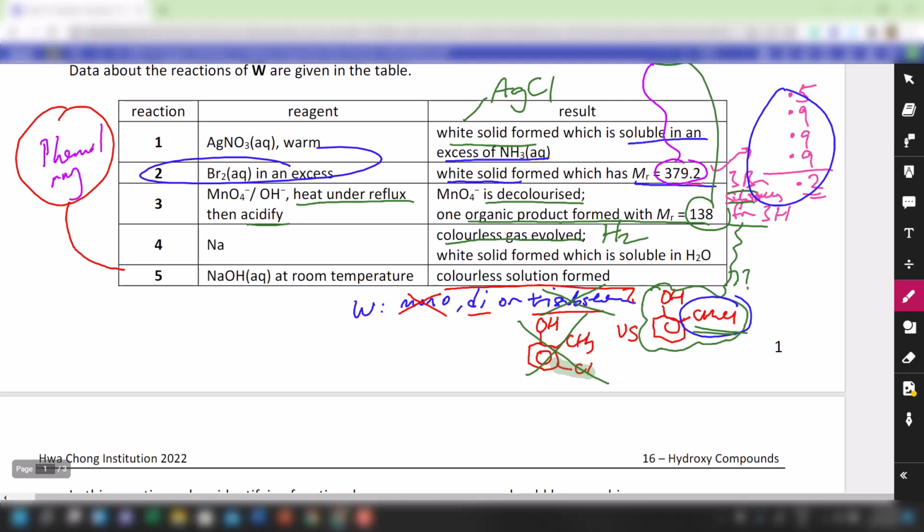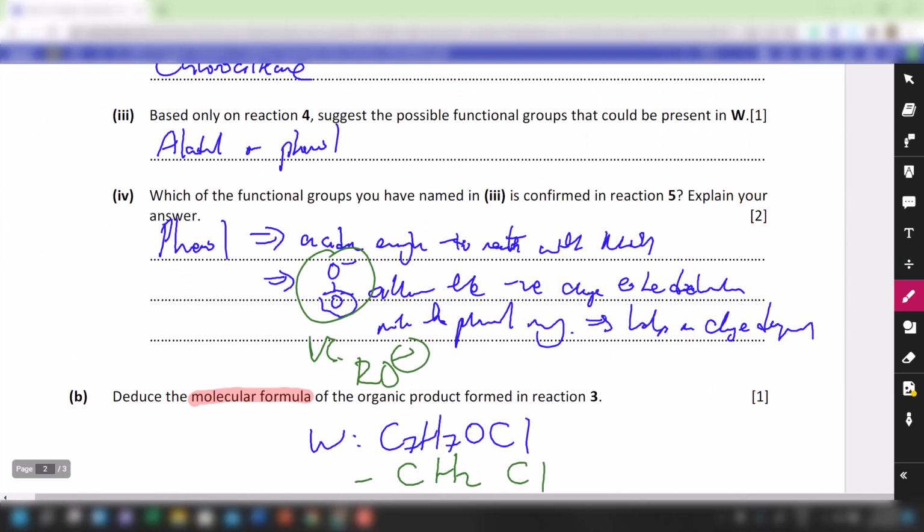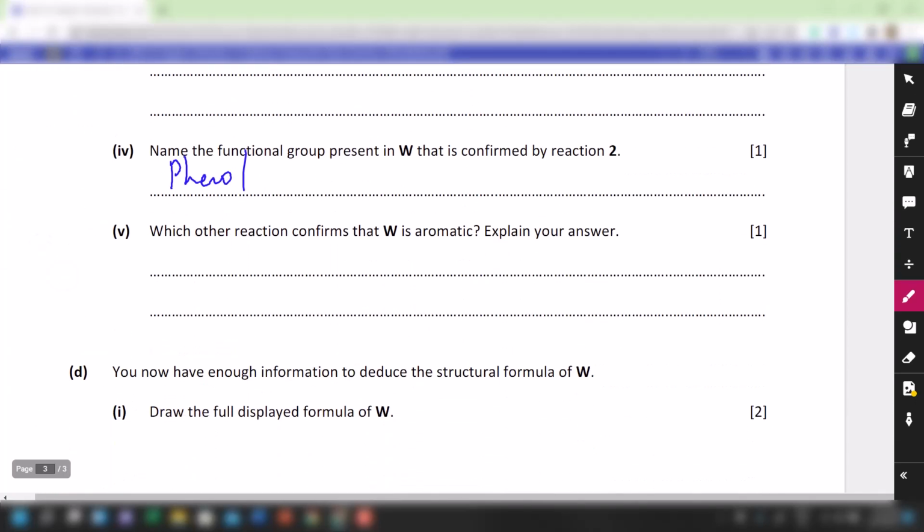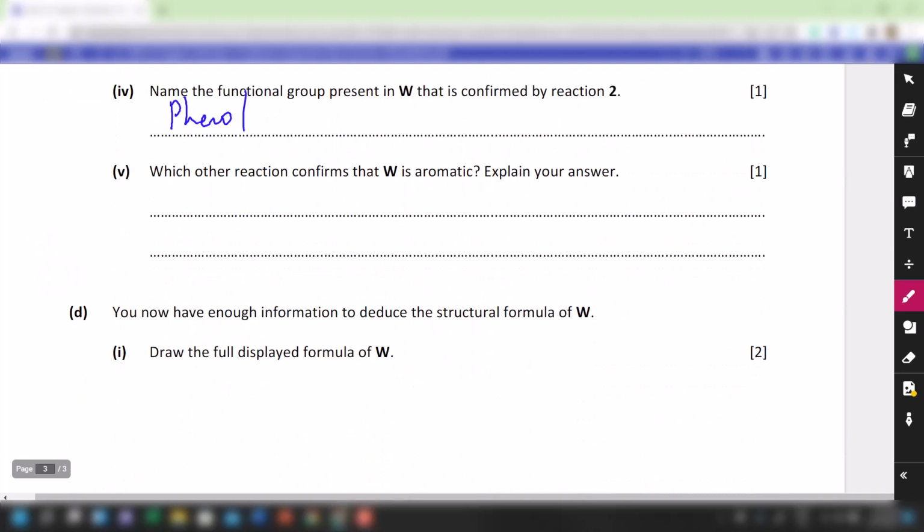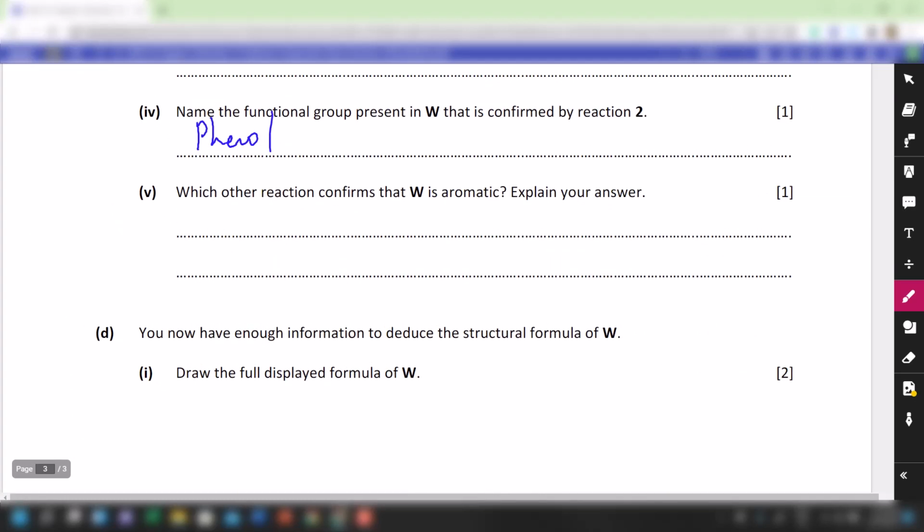So side chain oxidation is likely to have taken place at the side chain bonded directly to the benzene ring. With that clue, I can confirm that W is aromatic instead of aliphatic. So it will be reaction 3, and the reason being side chain oxidation occurs.